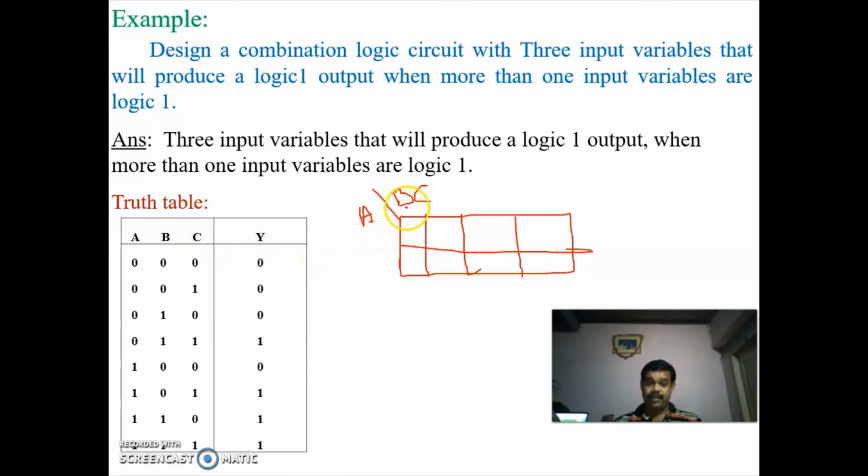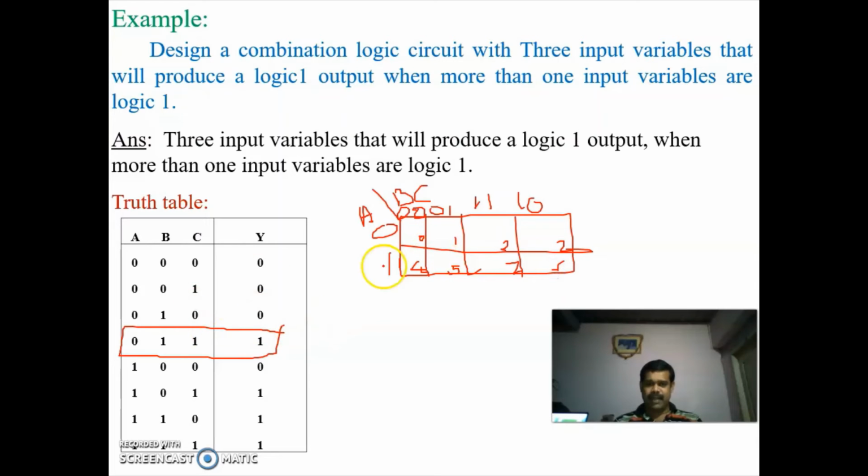Okay. Here 0, 0, 0, 1, 1, 1, 1, 0. Here you will be having 0 and 1. For 0, 1, 1. Actually, if you want, you can write the decimal values 0, 1, 3, 2, 4, 5, 7, 6.